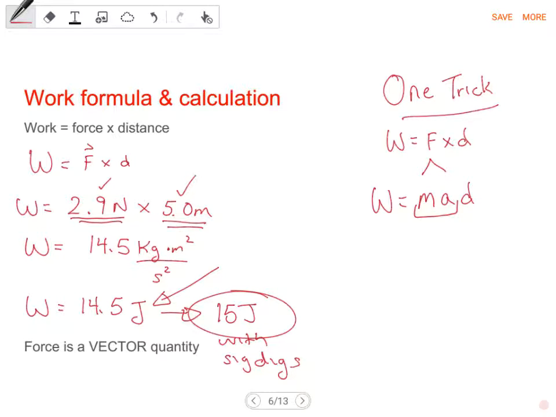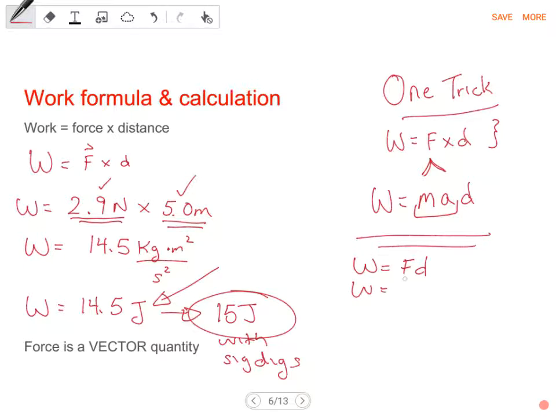I did want to show you one trick here, though, and this comes up from time to time. Over here, what I've shown you is work equals force times distance. Please remember what force is. Force is mass times acceleration. So there is the odd time where you'll be at this point and you're going to have to say, what am I trying to look for here?